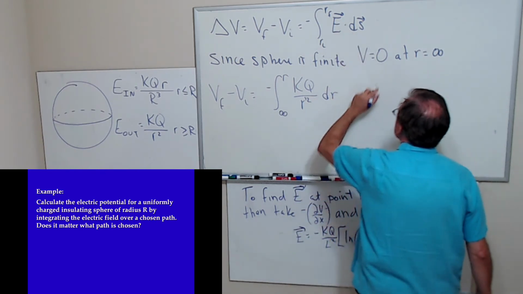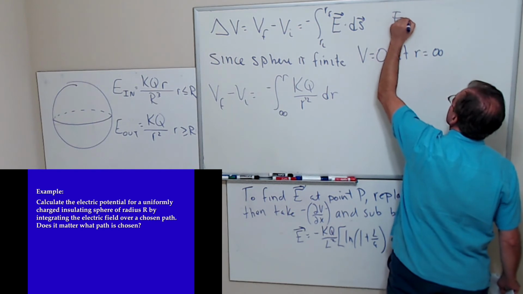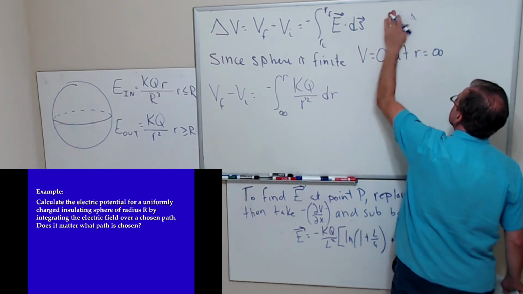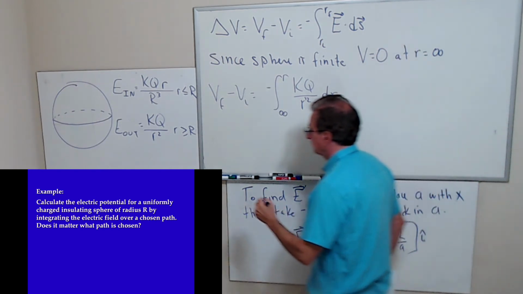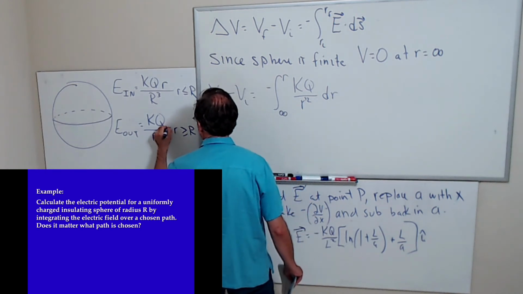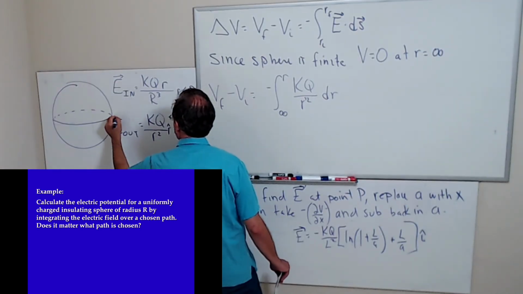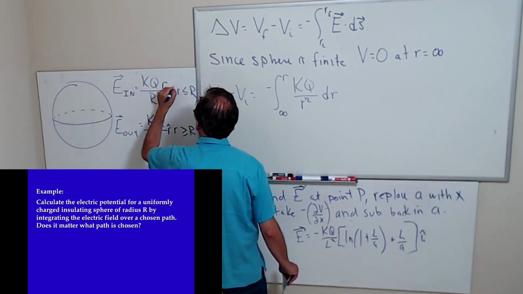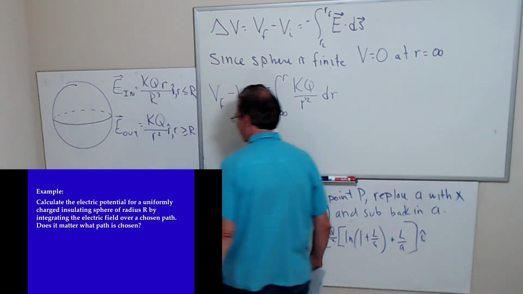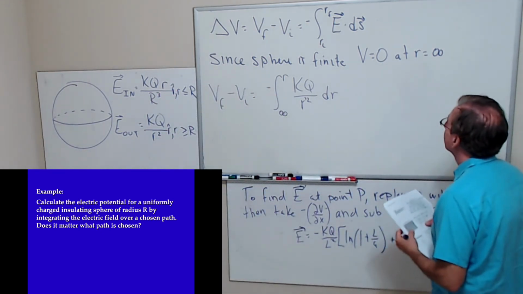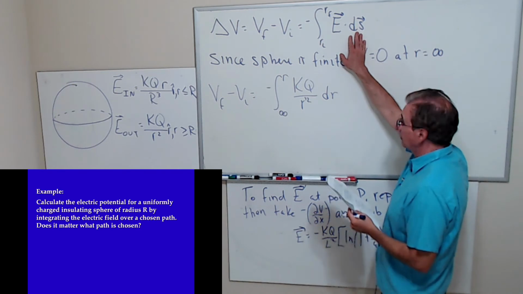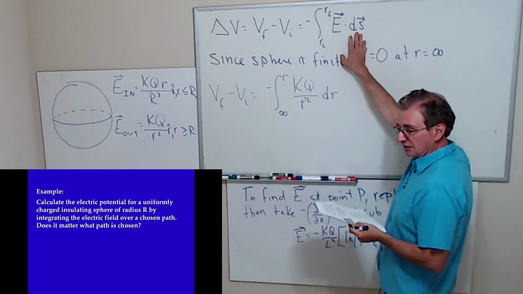My E is in the r hat direction. And in fact, it looks like this. The only component, I'm just going to integrate in the r hat direction. It doesn't matter how I integrate.